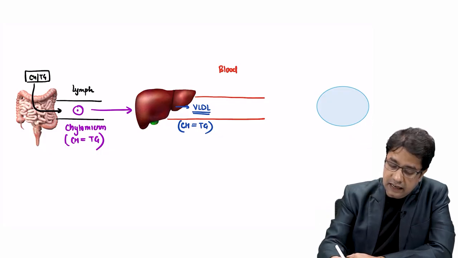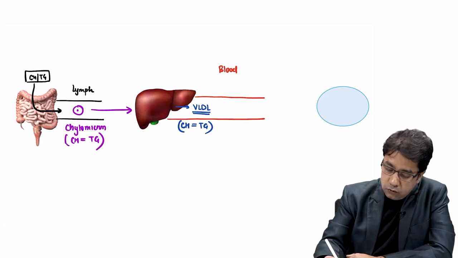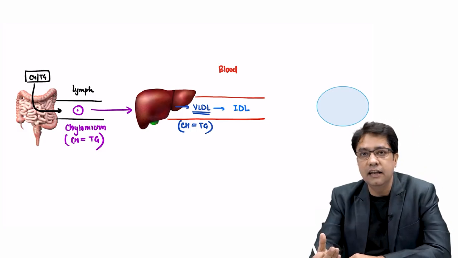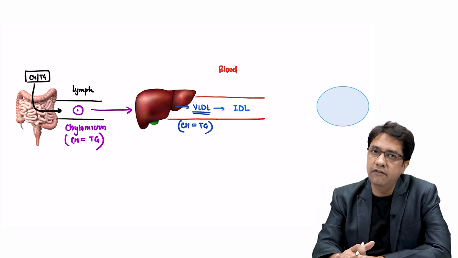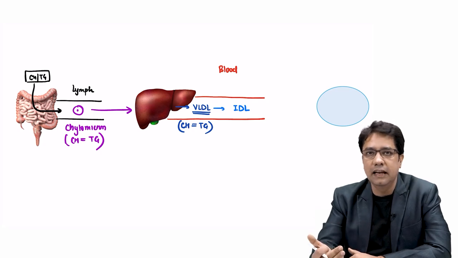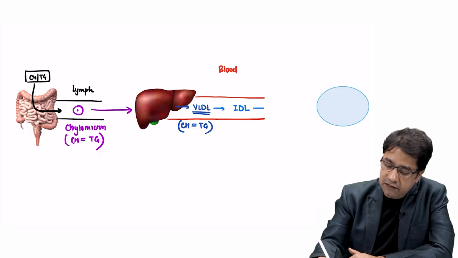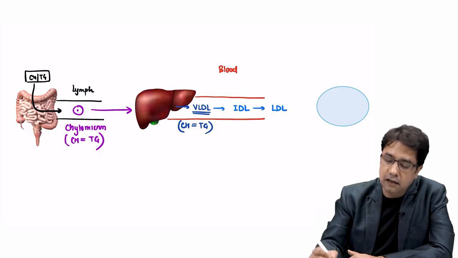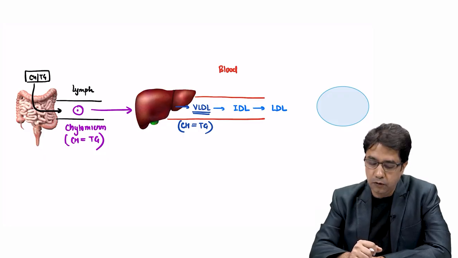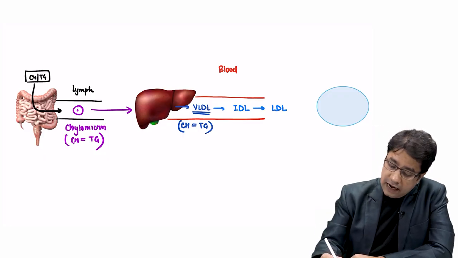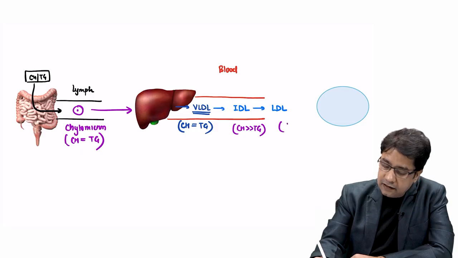Now this VLDL further gets converted into IDL, that is intermediate density lipoprotein. VLDL is very low density lipoprotein, and IDL will be converted into LDL, which is low density lipoprotein. IDL contains more cholesterol and less triglyceride, and LDL contains cholesterol only.